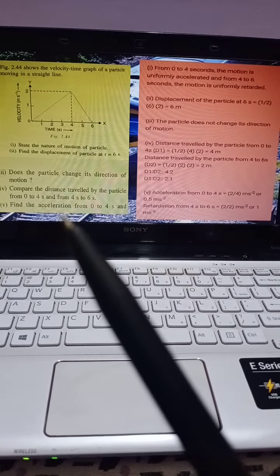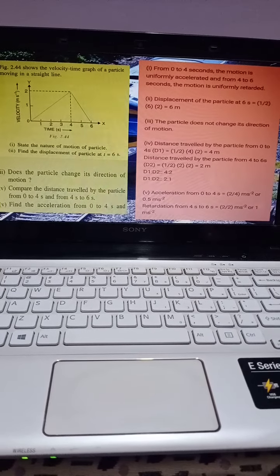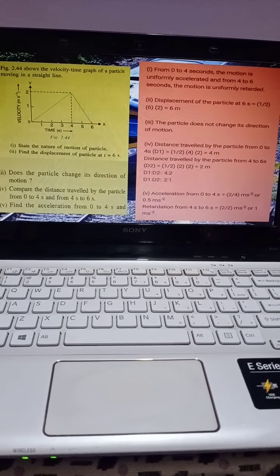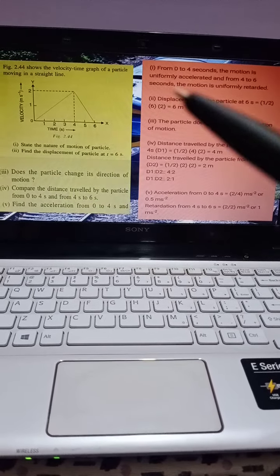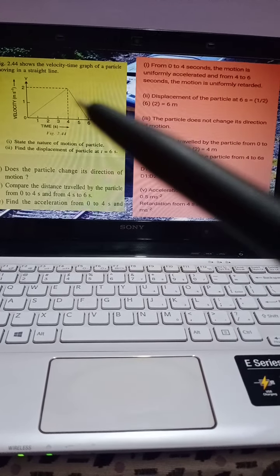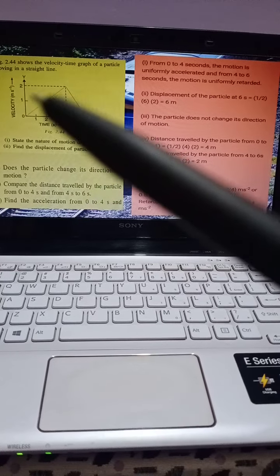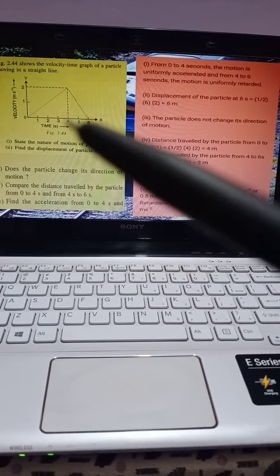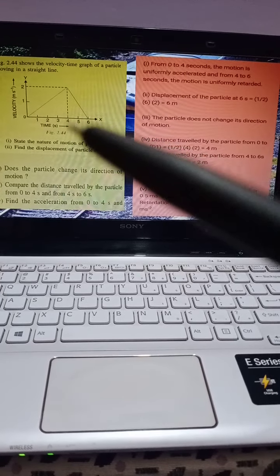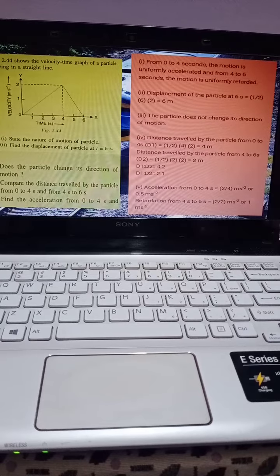Then we have to find out the acceleration from 0 to 4 seconds. To find out the acceleration for 0 to 4 seconds, we have to find the slope, so we divide this part by this part. From here to here this is 2, and now from 4 to 6, 6 minus 4, it is also 2.